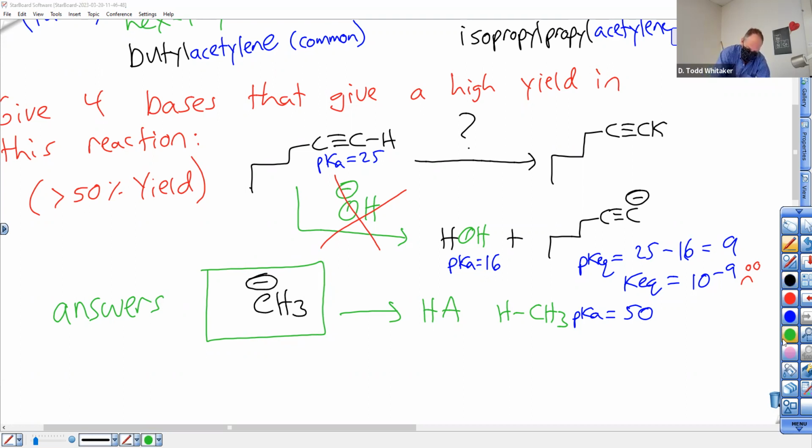What's your next strongest acid over here? pKa table. Double bond. 45. Therefore, in the box, conjugate base. Oh, black.